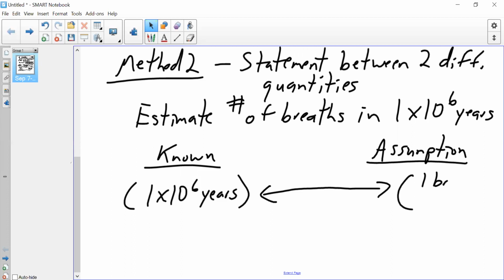Our reasonable assumption is 1 breath every second, or we can just say second. So we know that years and seconds are units of time, so we can just break down years. Okay, 365 days in a year, and 24 hours a day, until we get down to seconds. And the only thing that's left is the breaths. And then we have our reasonable estimate, our reasonable guess, and expressed in the power of 10.